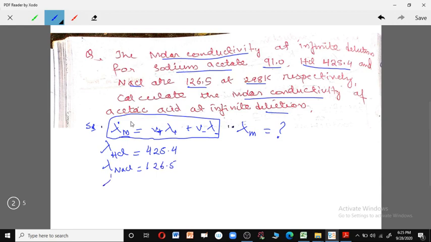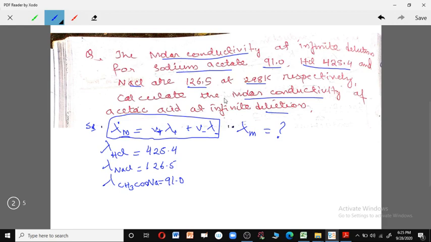Lambda sodium acetate, CH3COONa, is 91.0. The question asks us to calculate the molar conductivity of acetic acid, CH3COOH.